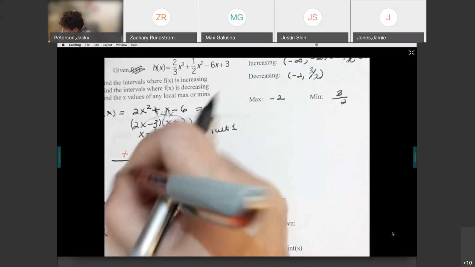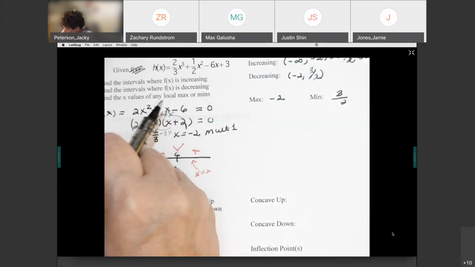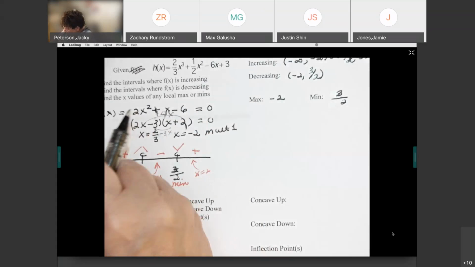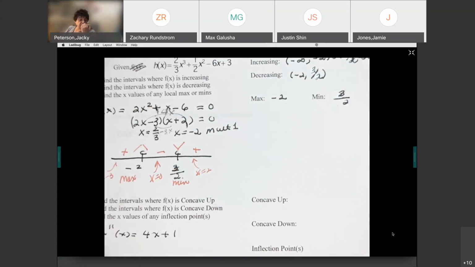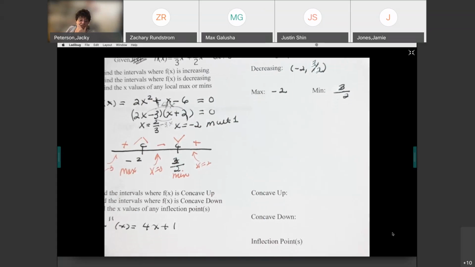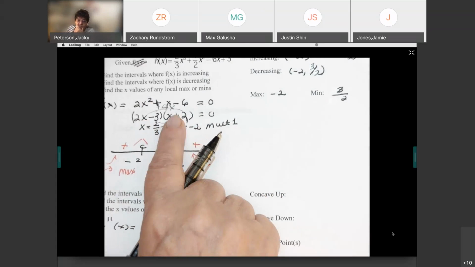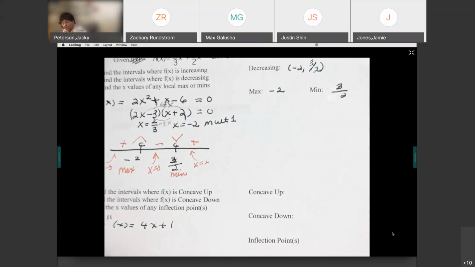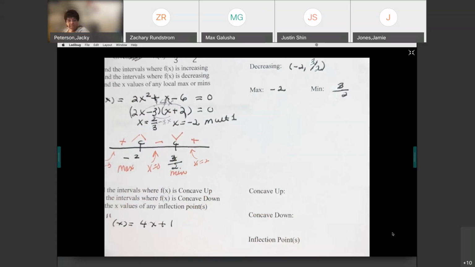Now, I could pull a test from here, and I could pull a test from here if I wanted to, but I use multiplicity, so I didn't have to pull additional test points. So I only did one test point. And these are multiplicity 1, so it changes across. Which is why I didn't put the additional test points here if you use multiplicity.